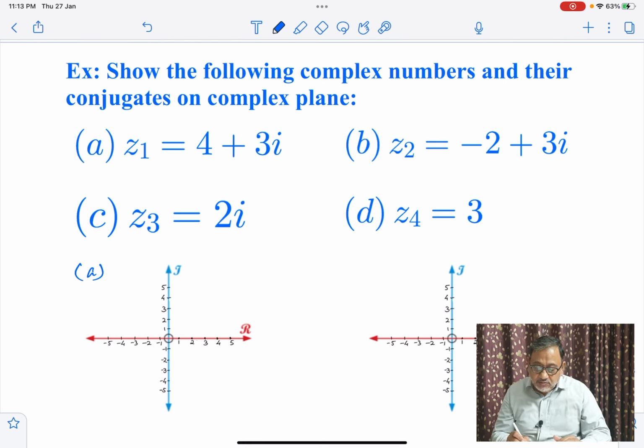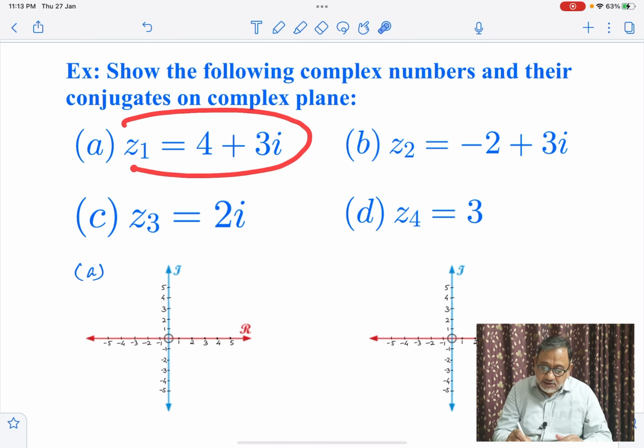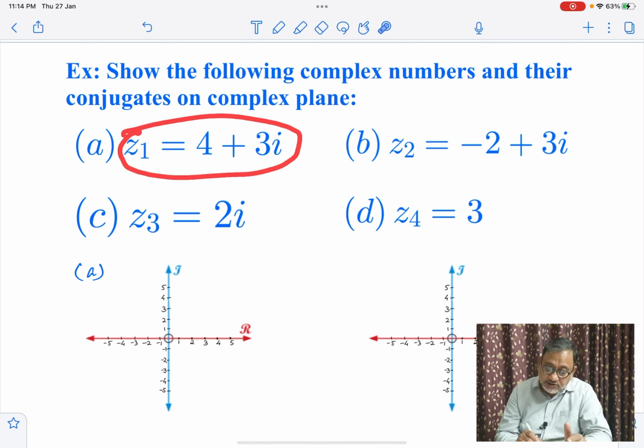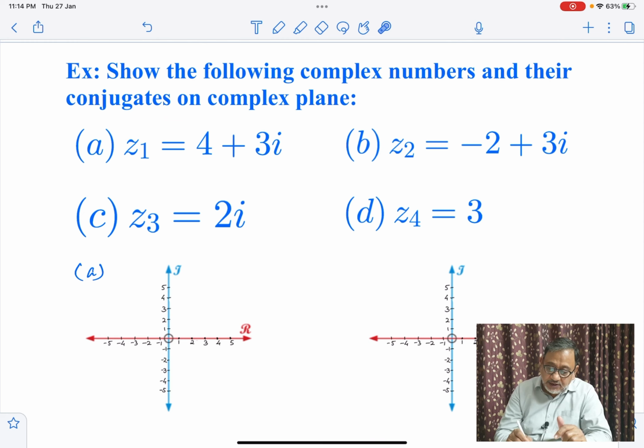So this complex number, sorry, this complex number is Z1, which is equal to 4 plus 3i. Okay. So this complex number Z1, which is 4 plus 3i, I am going to represent in the first quadrant of the complex plane.